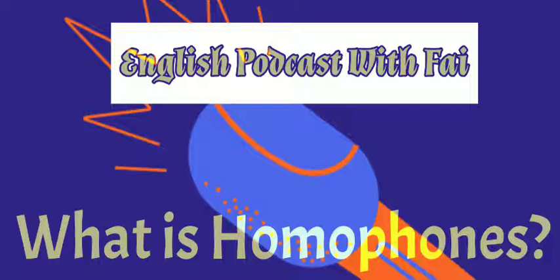Okay, and the last homophones from the recording are red and read. The first red is spelled R-E-D, which means a color, and the second read is spelled R-E-A-D, as in the past form of read.